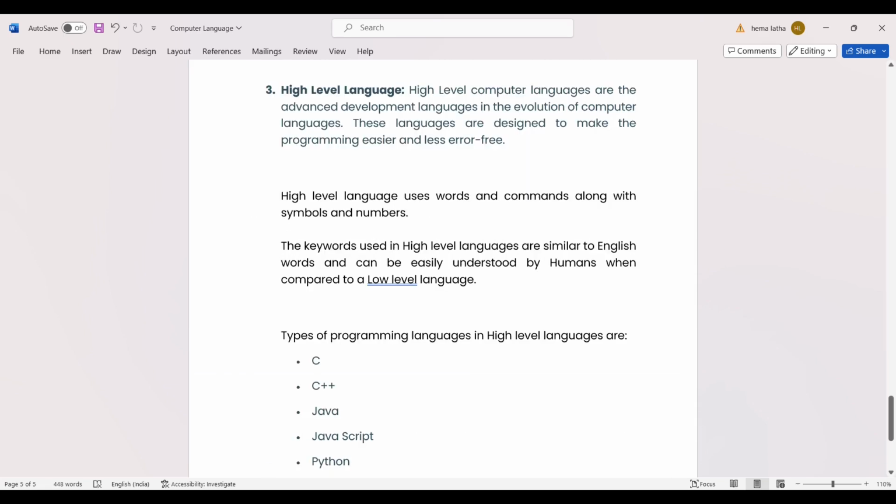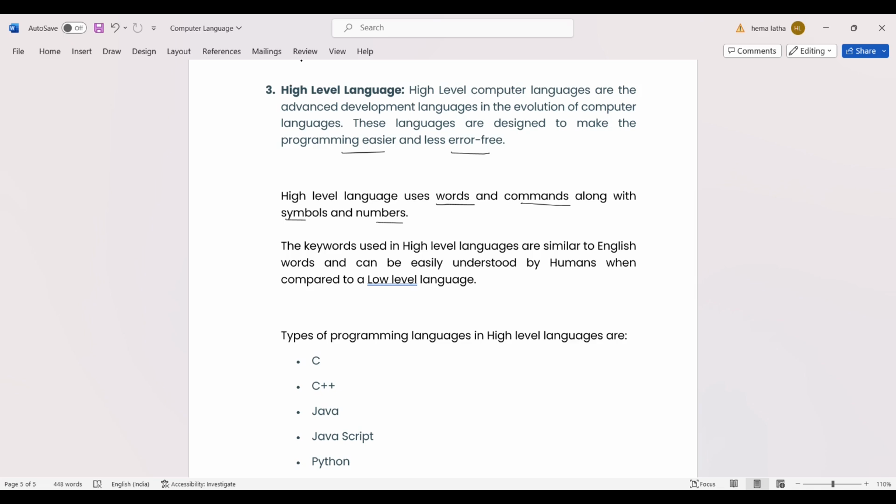Next we are going to discuss high level language. Just now I said high level language is nothing but English. Generally we use the English language, designed to make programs easier and less error prone. If an error is there, we can easily find it because it is written in the English language. It uses certain words and commands along with symbols and numbers.